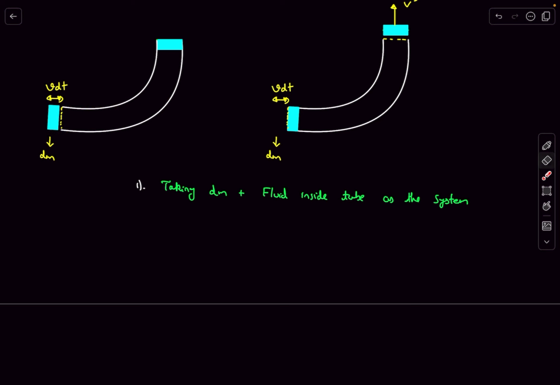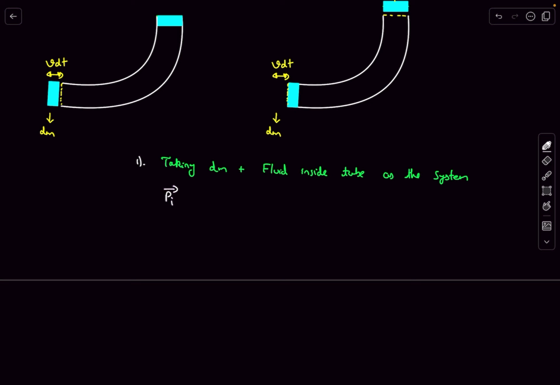Okay, so now let's try to write the initial momentum of the system. Okay, which is basically the momentum of this part, which is the momentum in this situation. Well, the momentum is just going to be sigma m_i v_i of all the particles, right? But here if you observe something, the net momentum of all the fluid present inside the tube is identical in both situations, right?